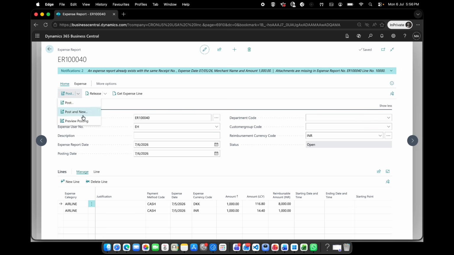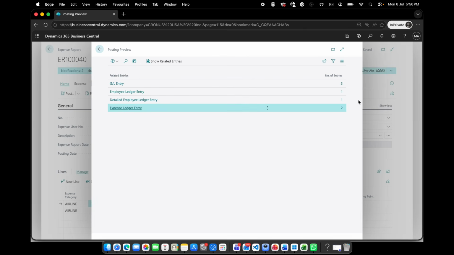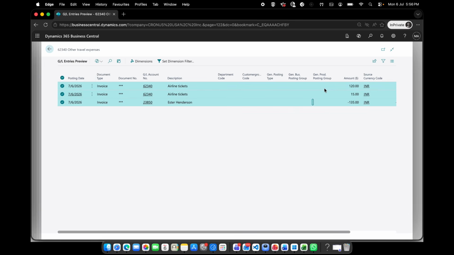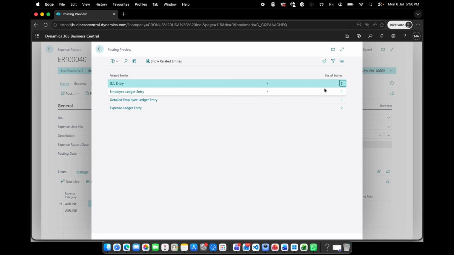So if I try to post this one, it is going to be something like this. Yeah, so it's straightforward. In this case, you won't have a rounding difference because you're going to basically pay the employee in INR whatever he was looking for, right?